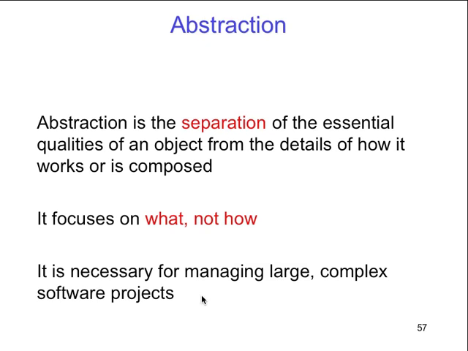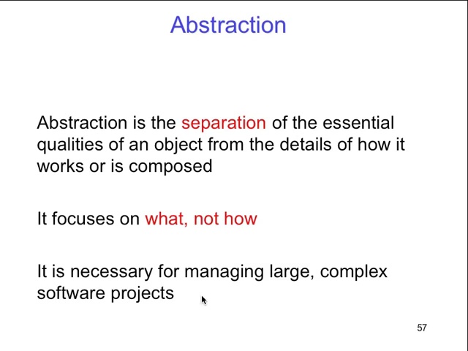So abstraction, for the most part, is the separation of the qualities of the object from the details of how it works or how it's composed. So when we use a union, a structure, a class, we don't really care about what's implemented inside of it. We say we have weight, we have date, and we're using it like any other data type we've been using so far.